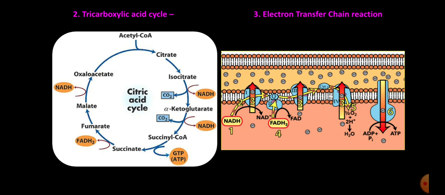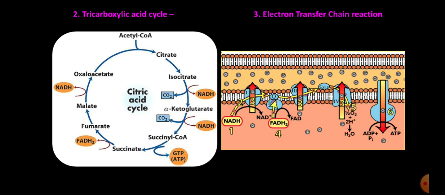Okay, we had seen that in TCA, FADH2 and NADH2 are formed. So now they participate in the ETC reaction, and from NADH2 we get 3 molecules of ATP, and from FADH2 we get 2 molecules of ATP during this electron transfer chain.